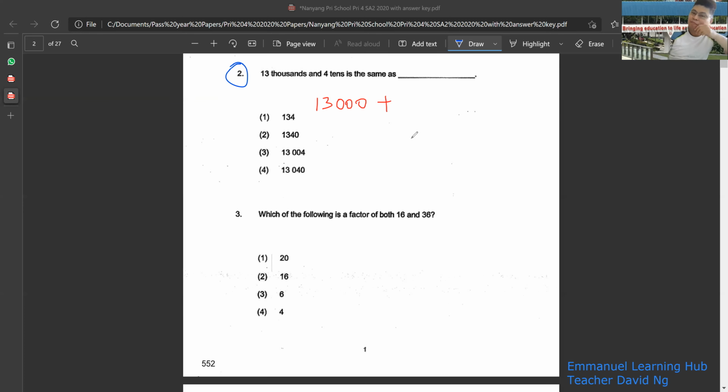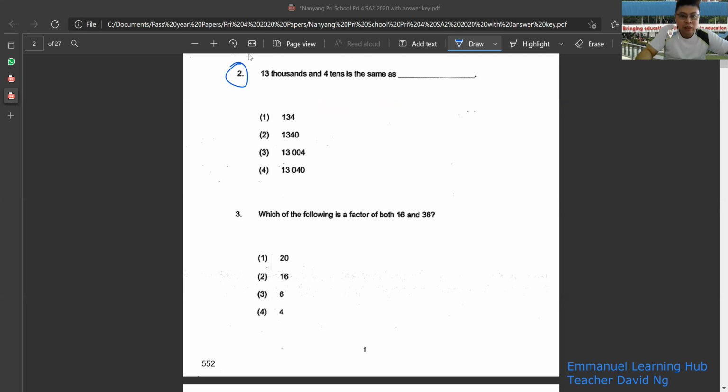What is 4 tenths? 4 tenths is 40. Add together is 13,040. Precisely, 13,040. Oh, you got it now? Yes. Okay, 13,040. Answer is 4.